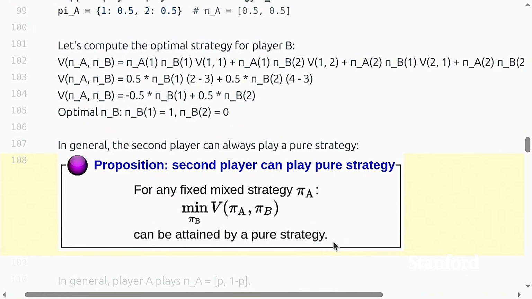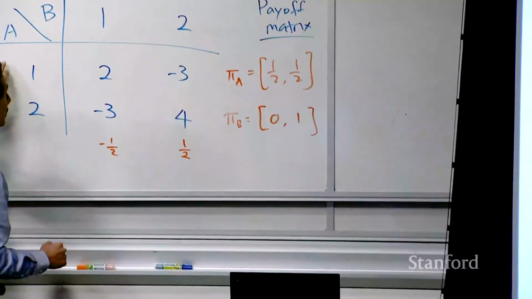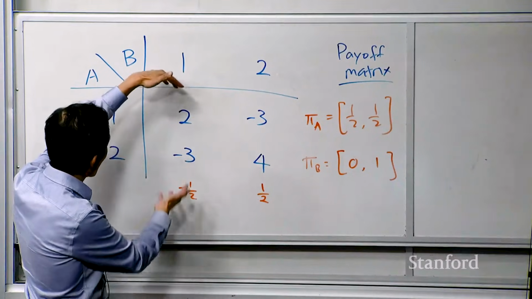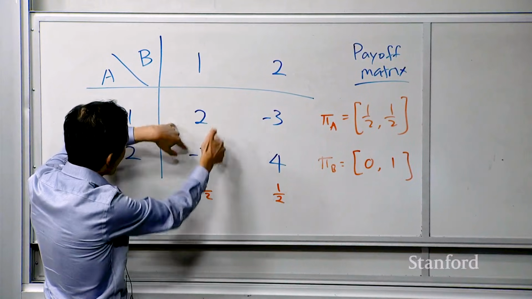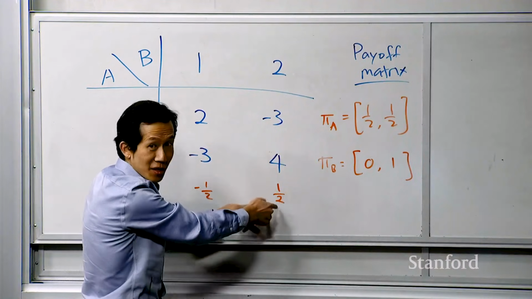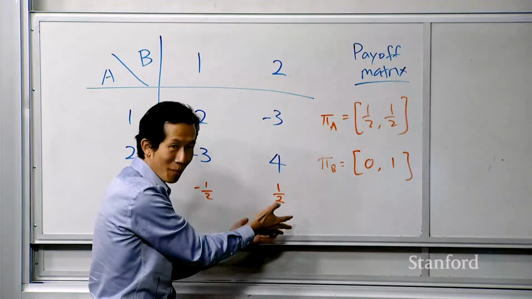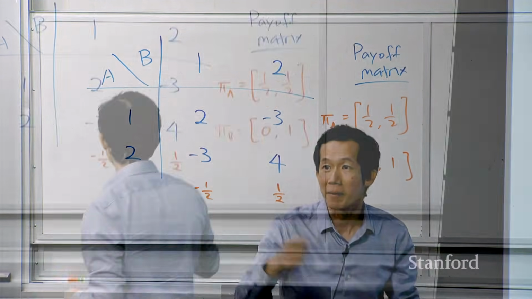The reason is that suppose this were not half-half, but anything, then I can do the same math. I take the weighted average, I get some number, take the weighted average, get some other number, and I look at which one's bigger, and I'm going to put all my eggs in that one basket.